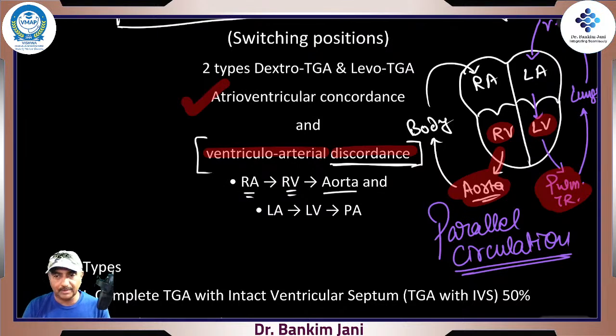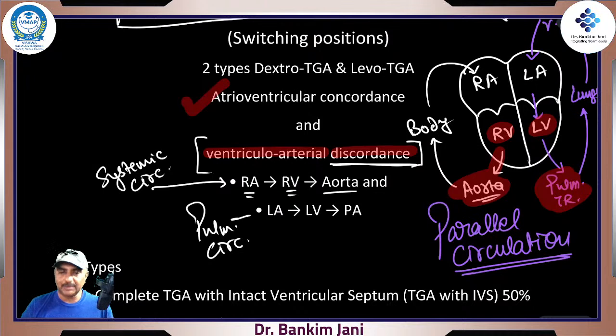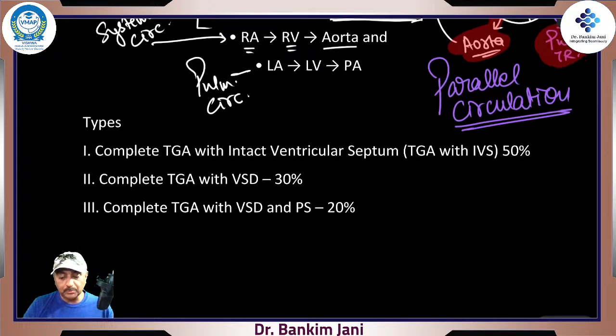No support from the lungs. That's why survival would be difficult. And left atrium to left ventricle to pulmonary artery, and it goes on and on. So this is the pulmonary circulation, and this one is our systemic circulation situation. Extremely bad, not at all good. Now see, in this case there are two types.